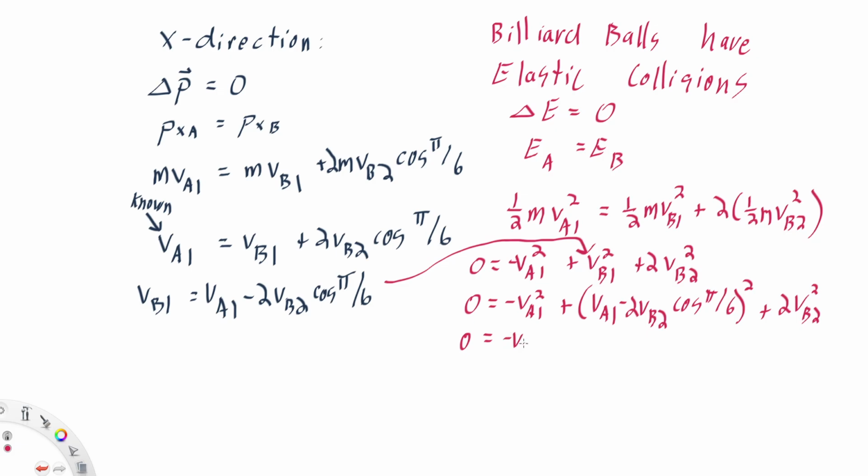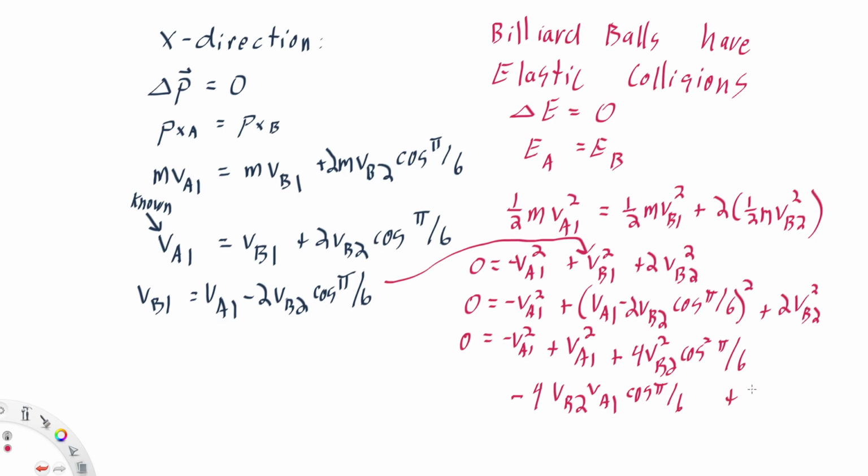Expand out that binomial, and we get VA1 squared plus 4 VB2 squared cosine squared pi over 6 minus 4 VB2 VA1 cosine pi over 6, and then also plus a 2 VB2 squared from above.